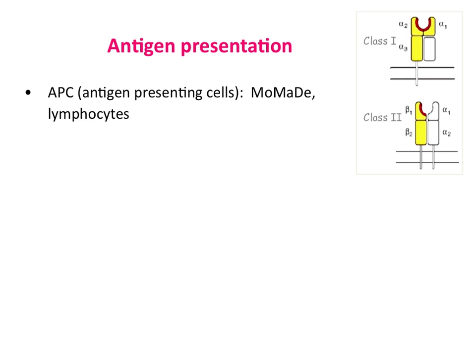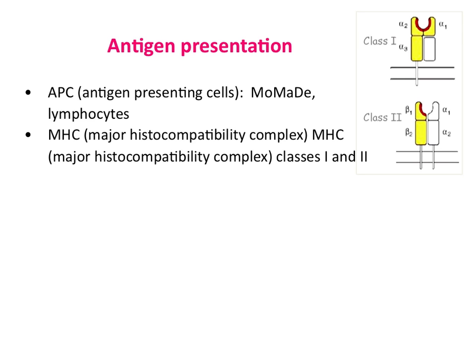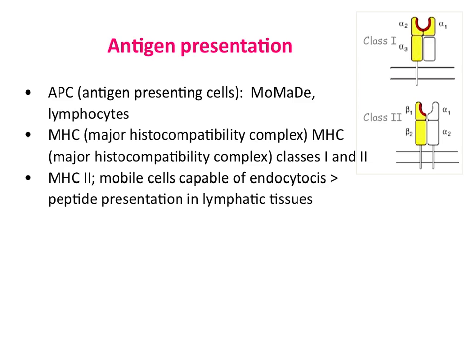The first step is you have to have the antigen presenting cell. These are the professionals: monocyte, macrophage, dendritic cell. Some lymphocytes can do it. The presentation takes place in a tray or in a locus, what we call the MHC, major histocompatibility complex, of which we have class 1 and 2.